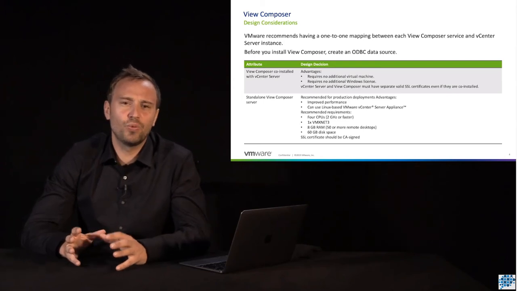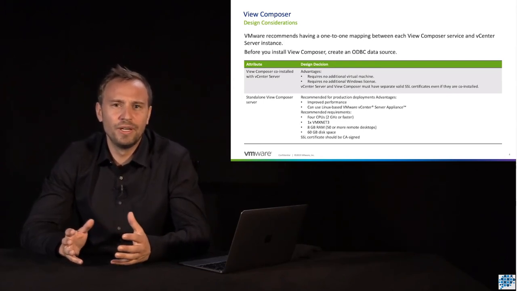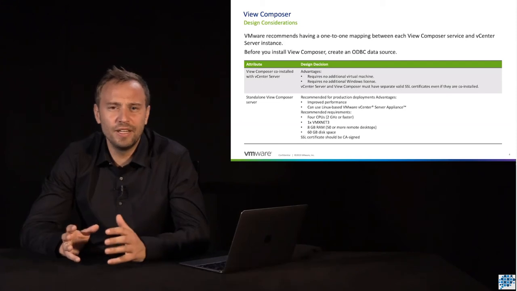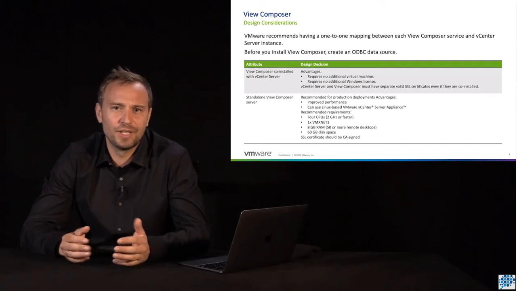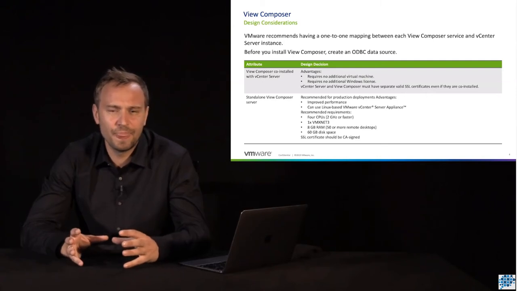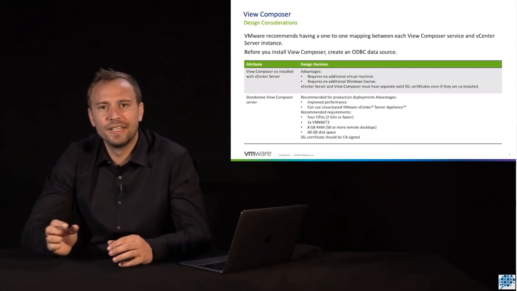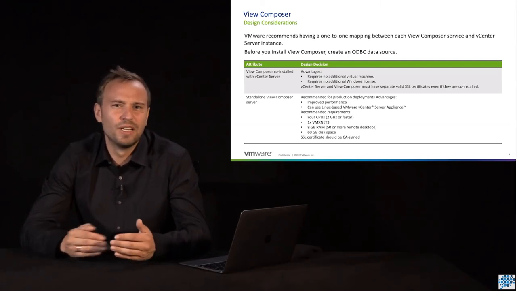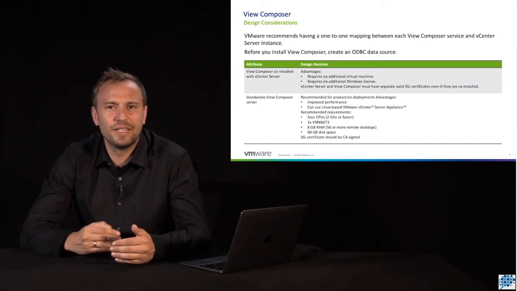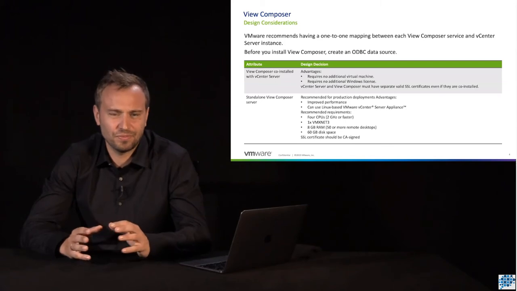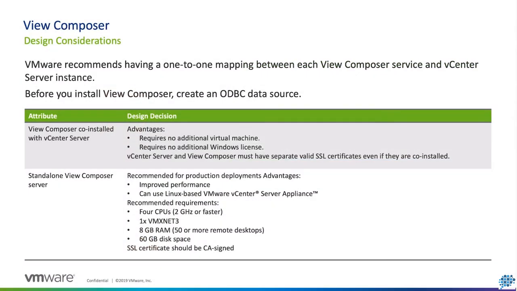The View Composer is always used when we need linked clone desktop pools. The linked clone itself is a virtual desktop that has a large footprint in the parent VM, in the replica VM, or in the replica file, and every single desktop instance has a very small footprint, since we only create a small snapshot or a small delta file that makes up in the end our single virtual desktop. The View Composer is required for those linked clones. We don't need it for instant clones. That's very important to understand.